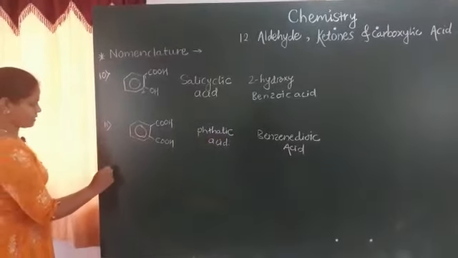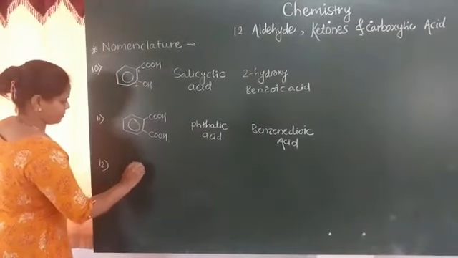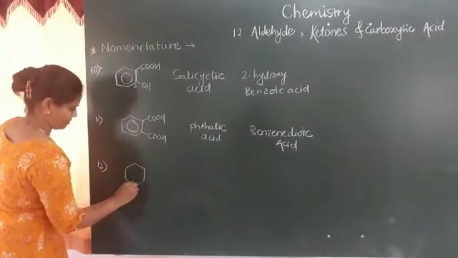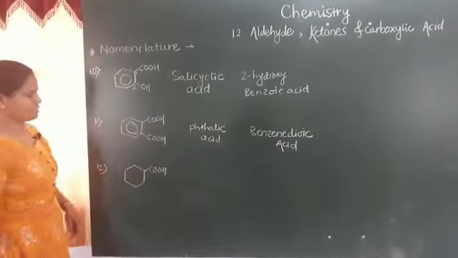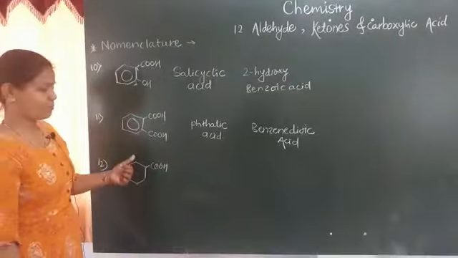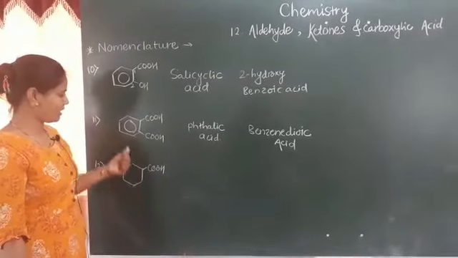Let us see one more example that will be a little bit different. Purposely I have taken this example. This is not a benzene, remember everyone, because the alternate single and double bonds of the ring are not given.